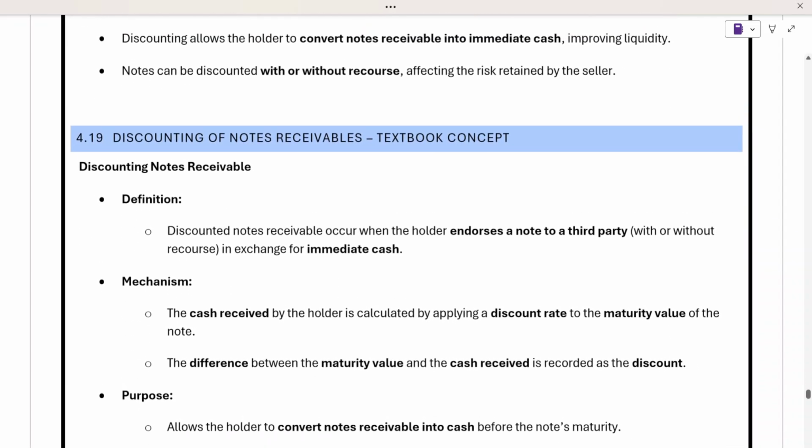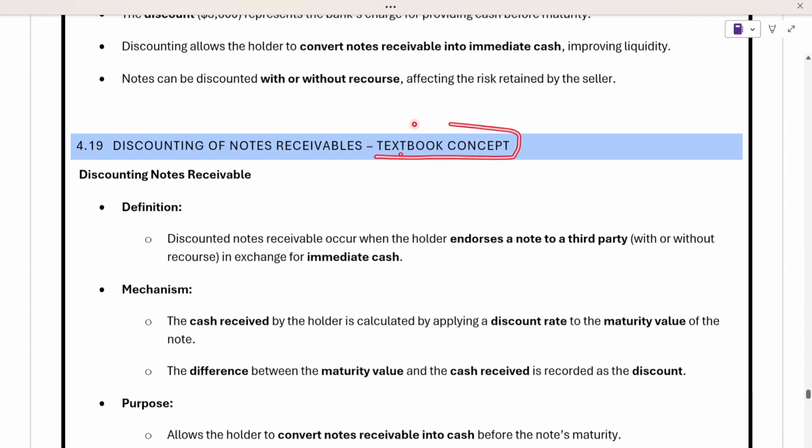Now let's see the textbook concept or definition of discounting of notes receivable. Discounted notes receivable occurs when the holder, which means IBM, endorses a note to a third party, with or without recourse, in exchange for immediate cash. IBM is getting immediate cash. The mechanism is simple.